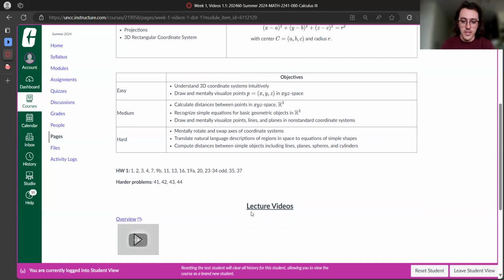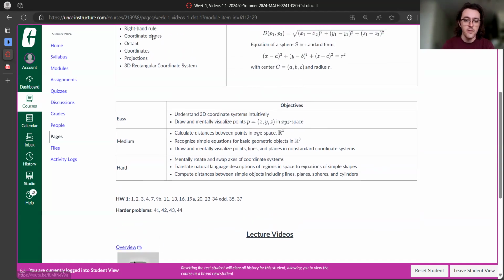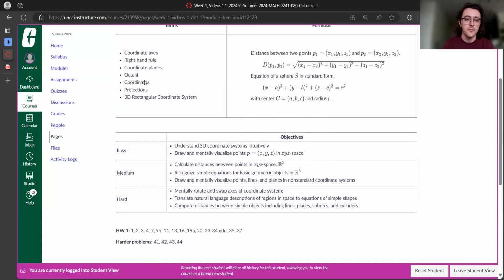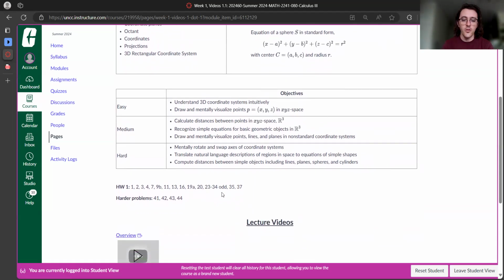And then underneath is the lecture videos. Right here, you only have the overview video for now. This is where I cover all of these things and define all of the terms. We describe everything that's going on here, and then talk about the objectives as well. The way that the lecture videos will work basically is that you'll have this overview that's down there. And then afterwards, you'll have a video consisting of examples that I've worked out for you.